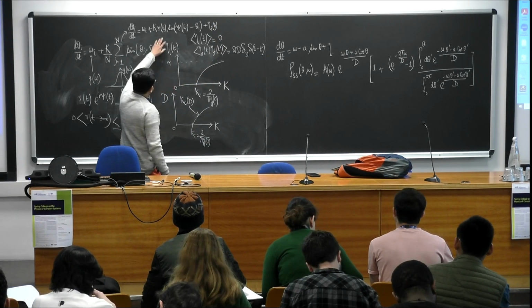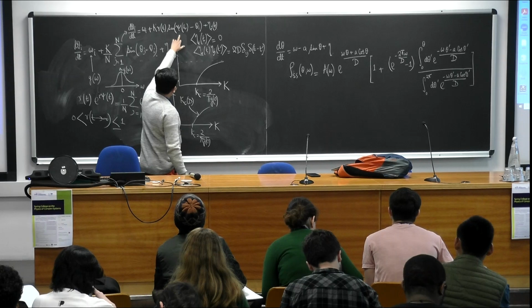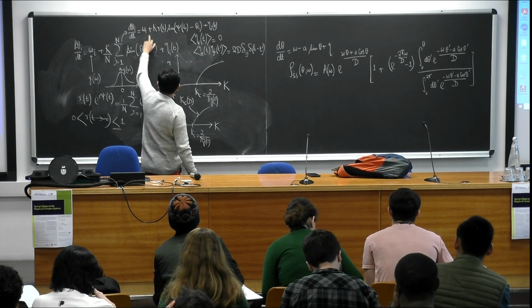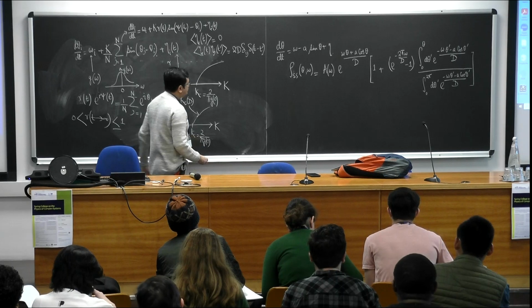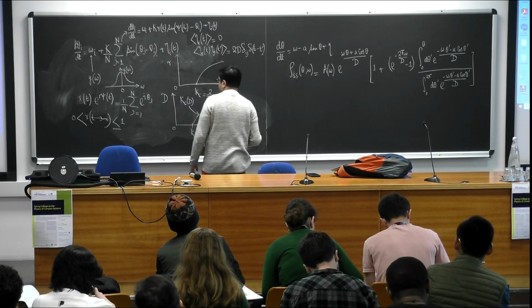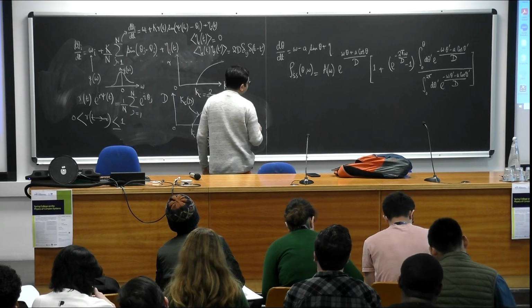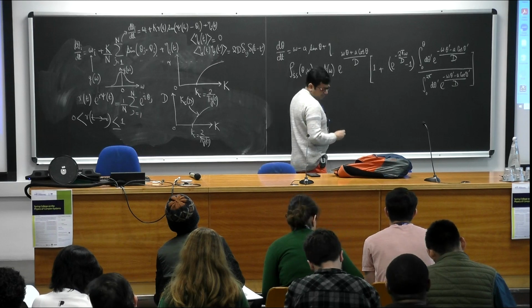And then when we are in the stationary state, you can set psi to 0. So this becomes omega_i minus K r sin theta_i, which is exactly of that form. So therefore, for this system, the stationary distribution will be, let me just write it here.